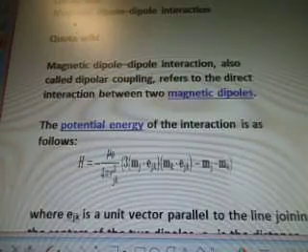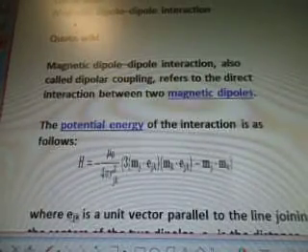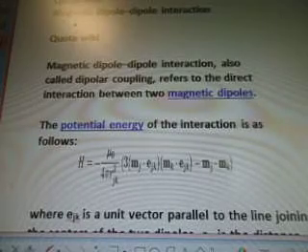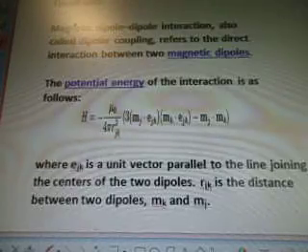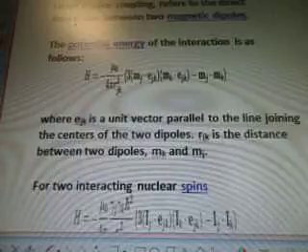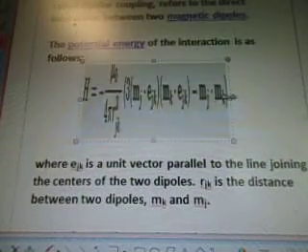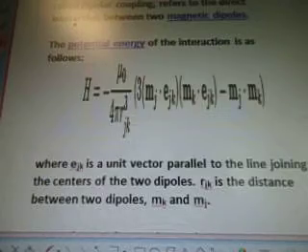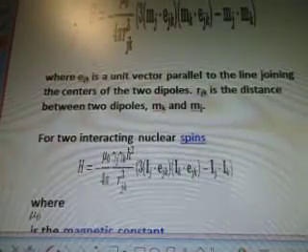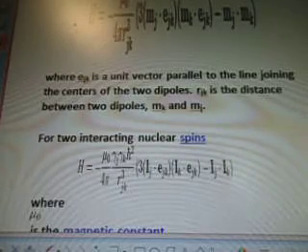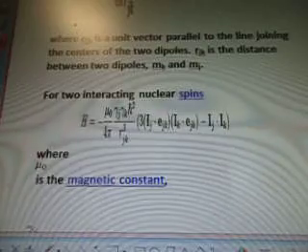Magnetic dipole-dipole interaction, also called dipolar coupling, refers to the direct interaction between two magnetic dipoles. The potential energy of the interaction is as follows. This is the calculation here. H equals all that, where e_jk is a unit vector parallel to the line joining the centers of the two dipoles, r_jk is the distance between the two dipoles, m_k and m_j.